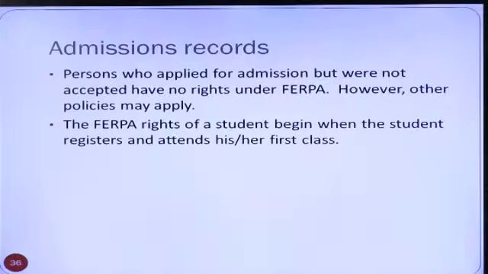If someone calls you and says, I need information about this student, it's best, in my opinion, to say we don't have any information to release about that person at this time, because the FERPA rights begin when a student takes a class and actually sits in a class. It's not that we don't have the information, because the student technically is admitted, but we really shouldn't release anything at that point. So just a good thing to know.